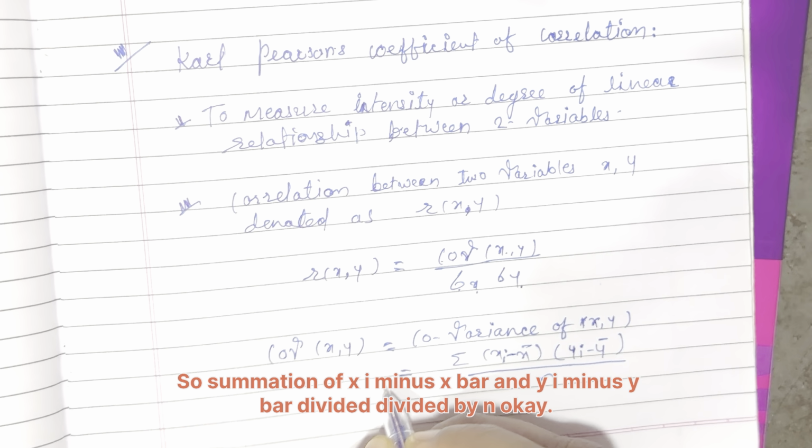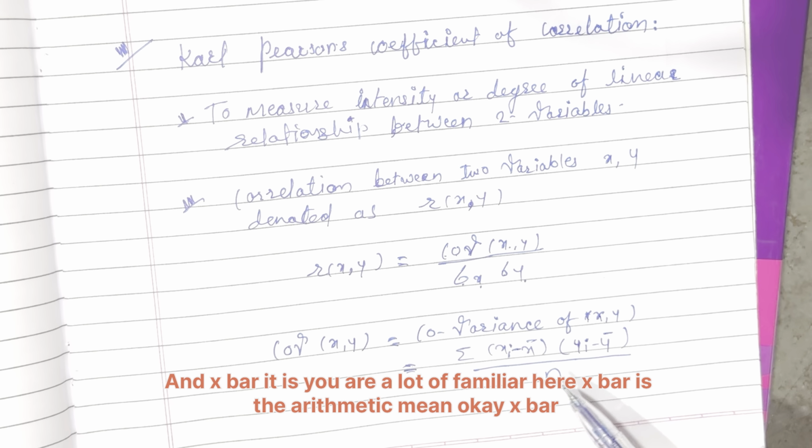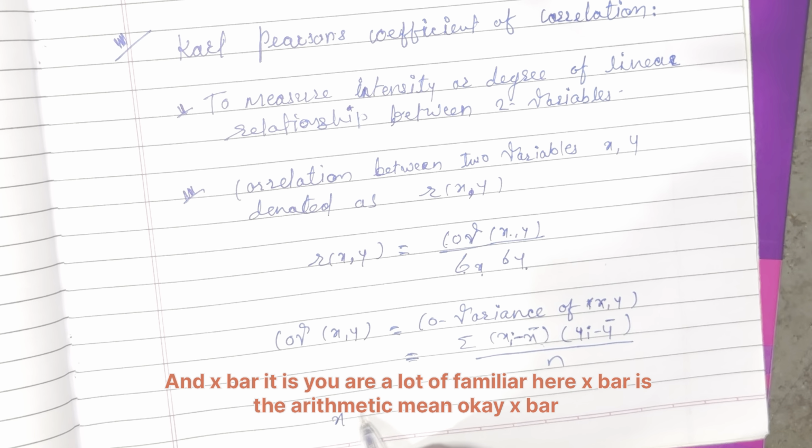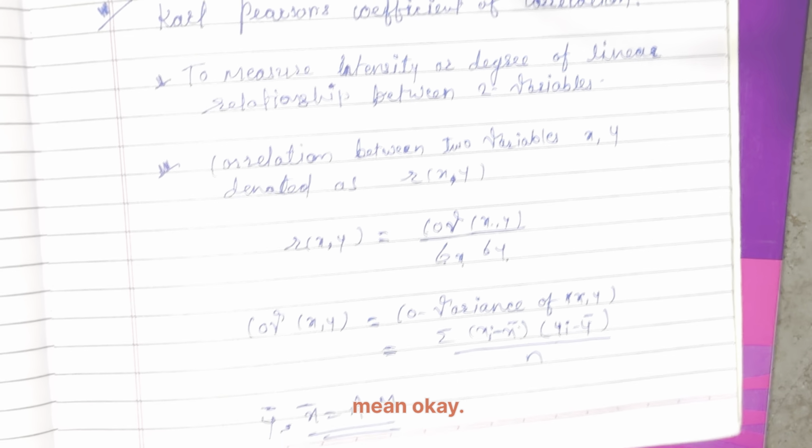This is the formula for covariance of xy. Here x bar is the arithmetic mean, and y bar is also the arithmetic mean.